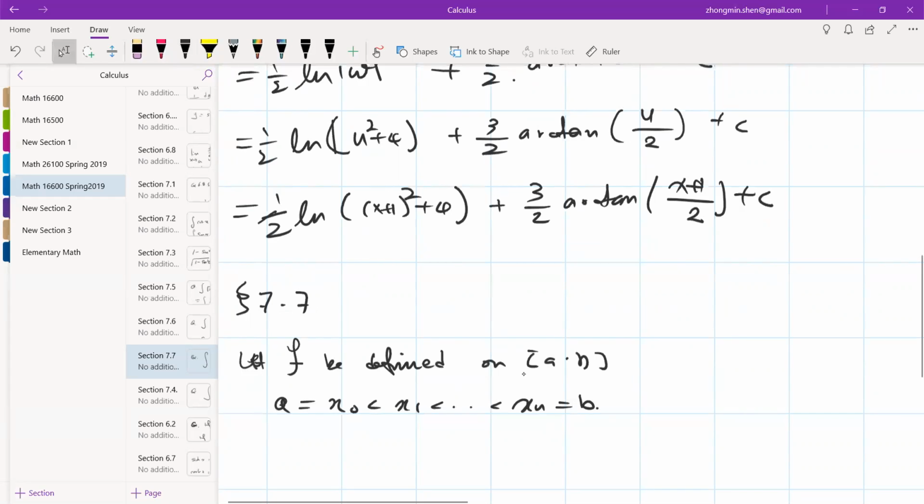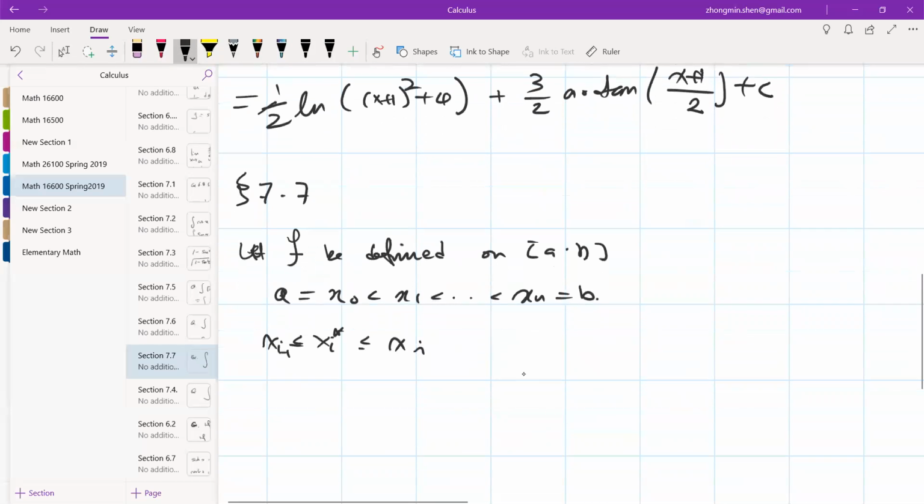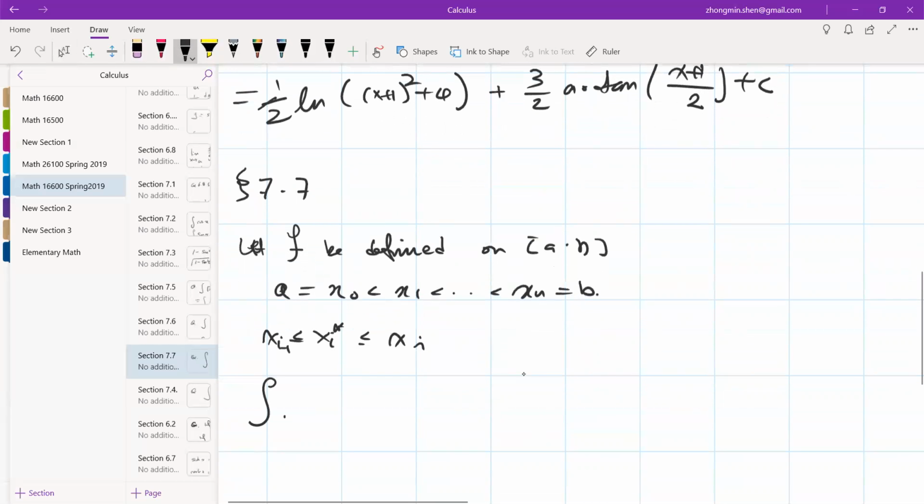And also an arbitrary point in the ith interval. I think this is x sub i minus 1, and here's x sub i. Then the integral of the function, we have to recall the definition of that, right? This is going to be the limit as delta x_i approaches 0. This is a Riemann sum.